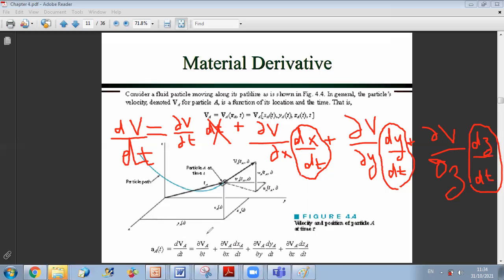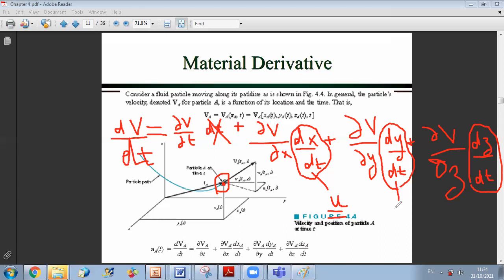Because when I want to observe a certain fluid domain, I observe a certain location, and I want to derive the property at this location with respect to time. I should consider variation with time and variation with position. And to consider variation with position, it's like I'm tracking a particle. And by definition, dx by dt is the component of velocity u of the flow.